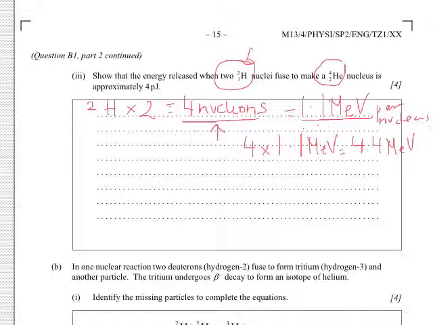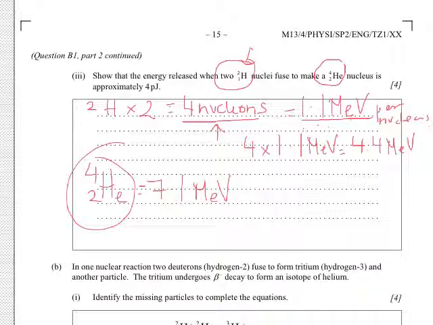Now you bring those together and you make a helium nucleus. Now helium is 4,2, and the binding energy per nucleon for helium, if you look it up, is about 7.1. How many nucleons do we have? We have 4. So the total binding energy would be times 4, which would give us 28.4 MeV.